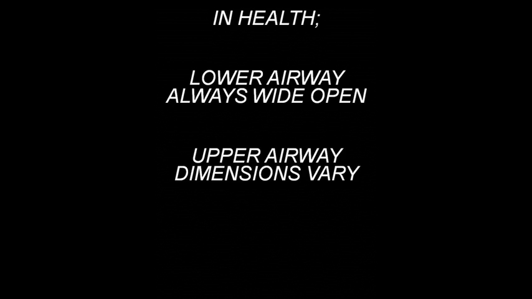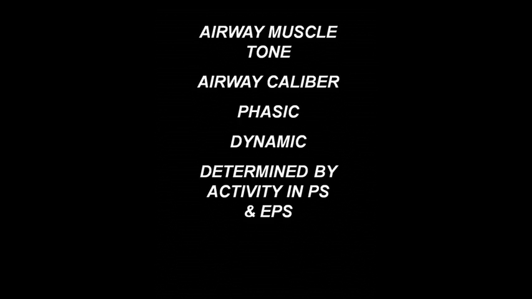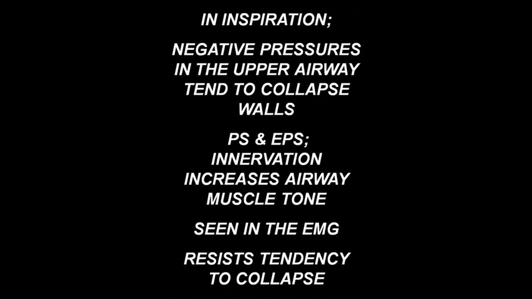Airway caliber is determined by the innervation of the airway muscles by the pyramidal nervous system and extrapyramidal nervous system, and upper airway dimensions vary dramatically. In inspiration, the negative pressures generated by rapid expansion of the alveoli are transmitted to the walls of the tracheobronchial tree.